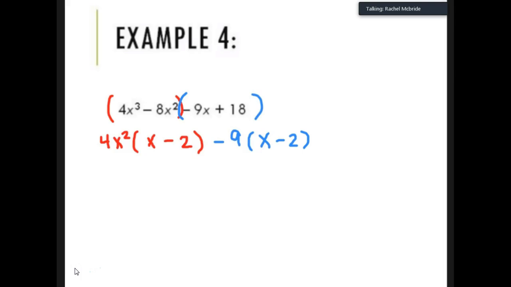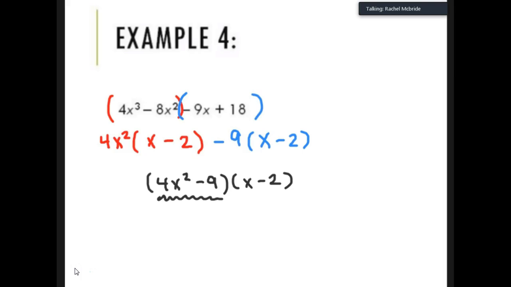Now, this is where we had to know our technique from Friday. Does anybody know what 4x squared minus 9 is? Wow. It's the technique we learned on Friday. 4x squared minus 9.